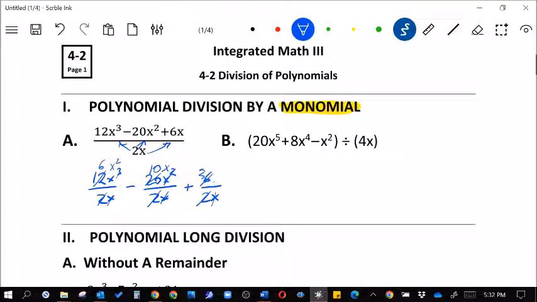And these two x's cancel each other out. Ooh, I didn't even mean for it to completely go away. I wanted to put a line through it. So we end up with 6x squared minus 10x plus 3. Simply by canceling things out.